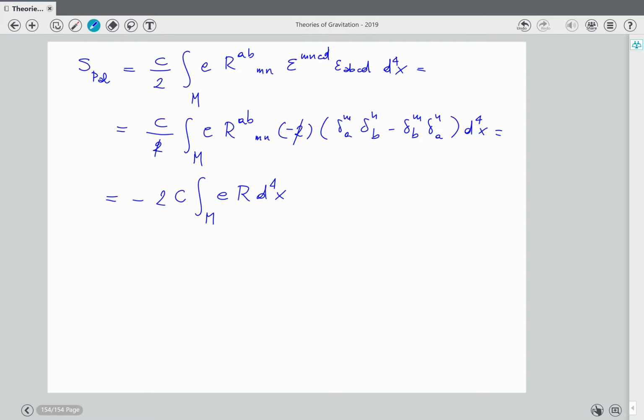And so you see you have the Hilbert action. The Hilbert action will be normalized as follows for various reasons. S Hilbert equals minus 1 over 2k squared integral square root of minus g R d⁴x.